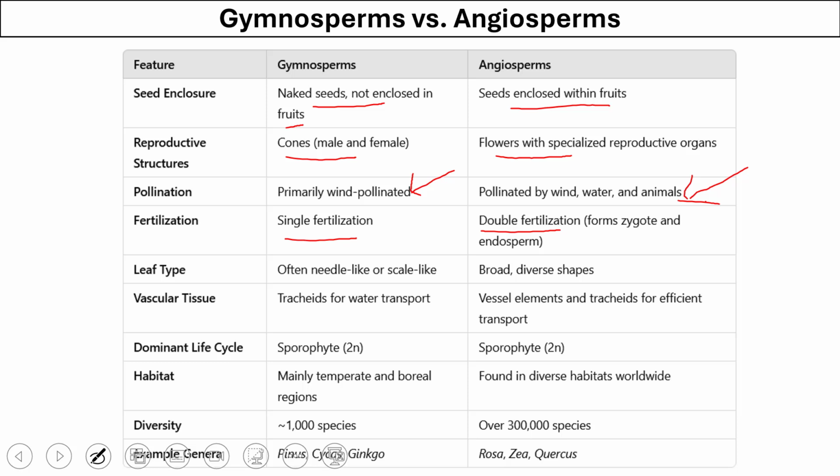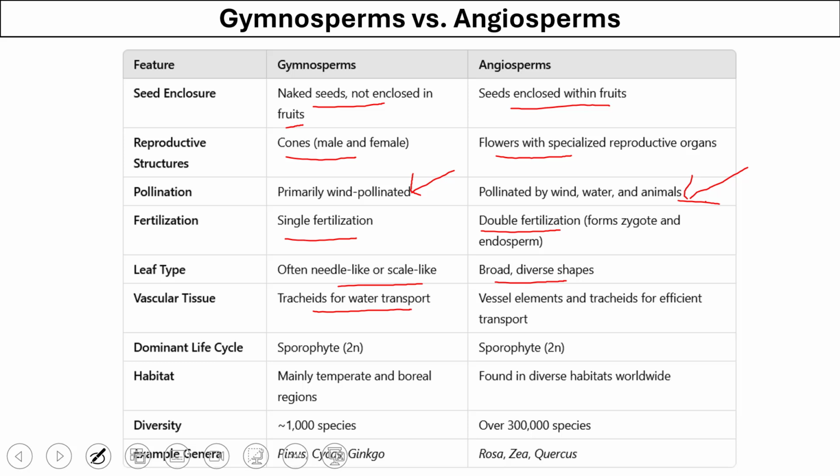We have seen that the leaves of gymnosperms are usually needle-like or scale-like, whereas they are much broader and diverse in shape in angiosperms. In gymnosperms, tracheids are the main water transport system, whereas this system is much more elaborate in angiosperms.